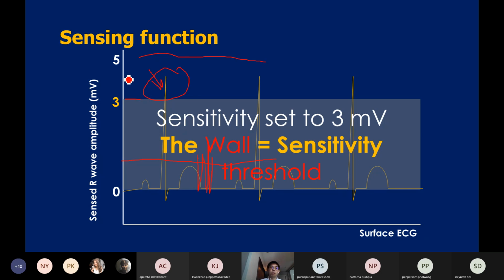If you set the sensing threshold at 3, the pacemaker could see the intrinsic rhythm because the amplitude of the R wave is more than 3. But if you set the sensing threshold at around 4, the pacemaker would not see the intrinsic rhythm because the sensing threshold is too high.